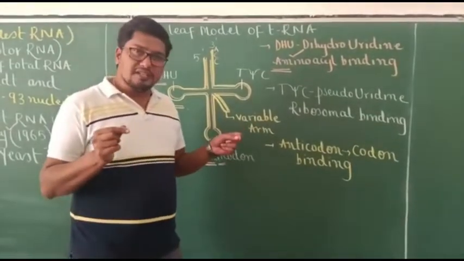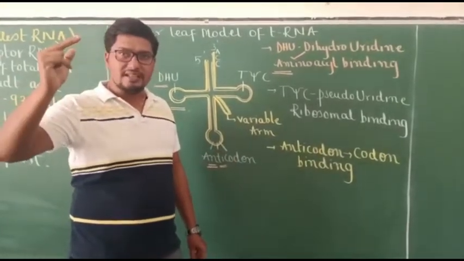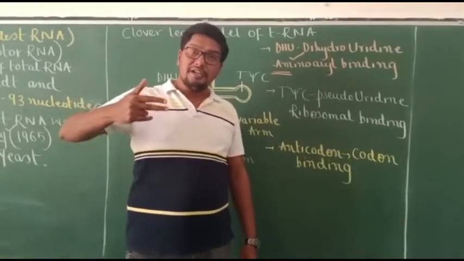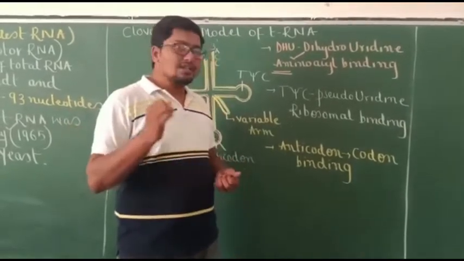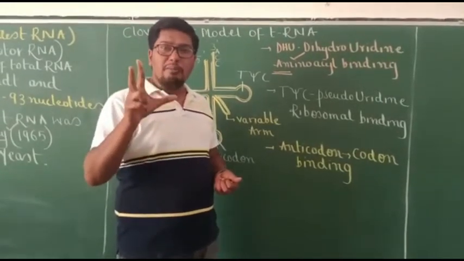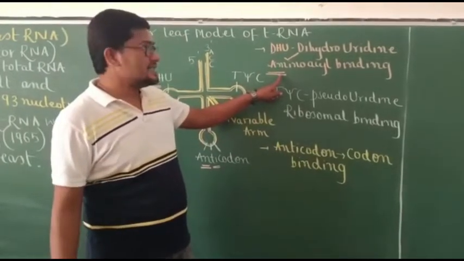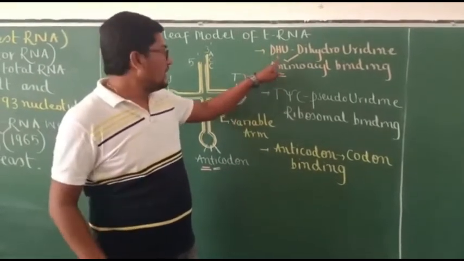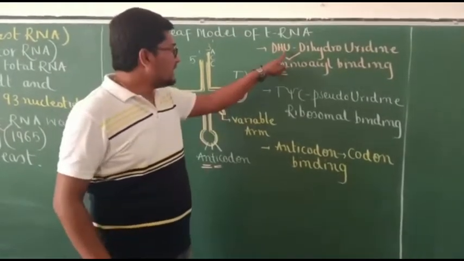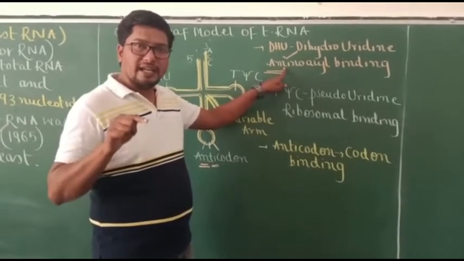The very first step in the process of translation, that is polypeptide chain synthesis, is that tRNA should get activated or charged. The charging of tRNA requires an enzyme called amino acyl synthetase. Amino acyl synthetase enzyme always binds to the DHU arm of the tRNA. That's why the DHU arm is otherwise called the amino acyl binding arm.